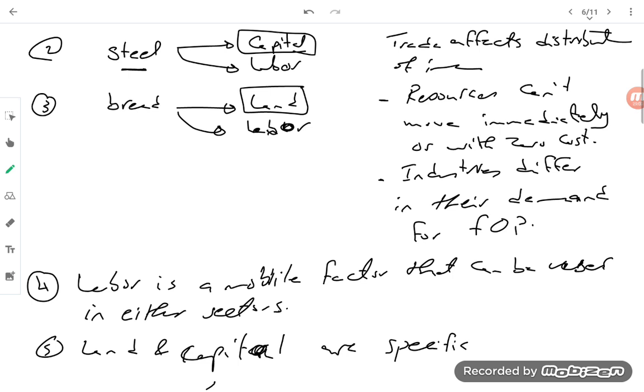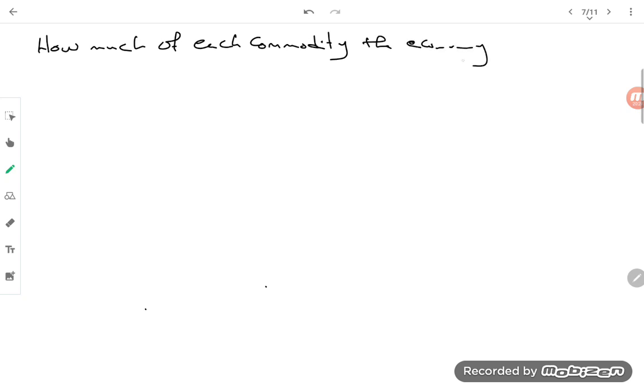So how much of each commodity is the economy going to produce? Here is the production function for each one of them.